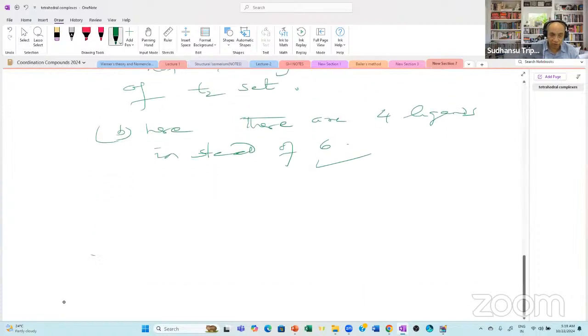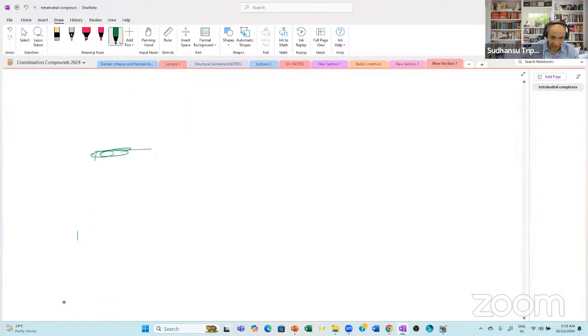Let us do the splitting for the first time and last time. We shall be showing the uncomplexed ion, which will be raised to the barycenter. This is hypothetical. This is called free metal ion or uncomplexed metal ion.